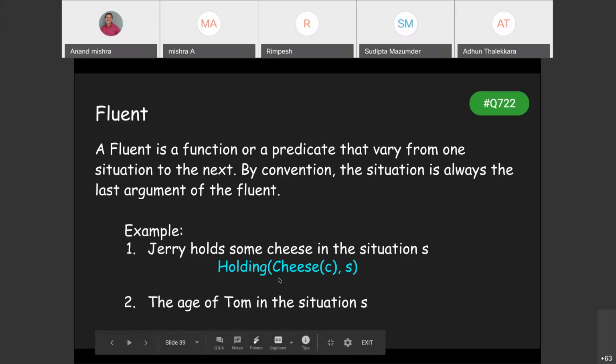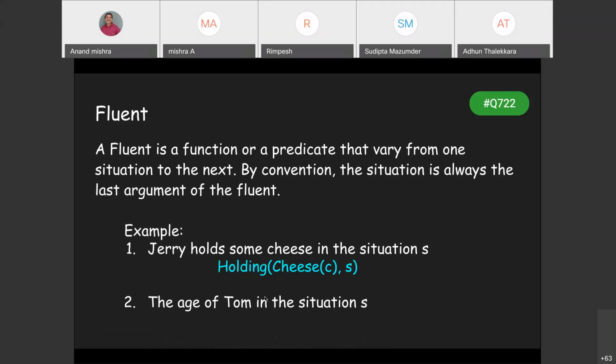Here we are assuming that only Jerry is moving and it can hold cheese at some particular time. So we are not writing Jerry at all. We are just saying that C is a cheese and it is held, and when it is held, we are assuming it is held by Jerry, none other.